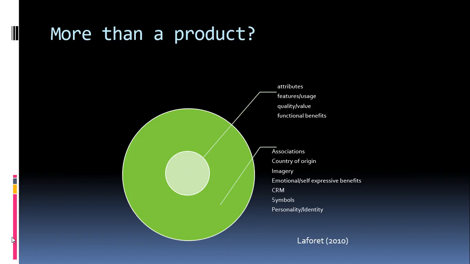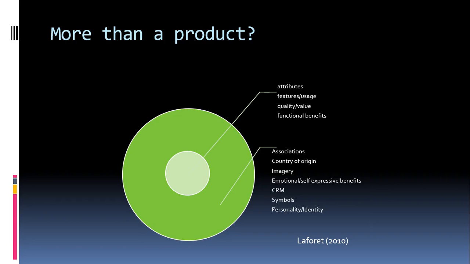Okay, so Laforet here, we talked quite a lot about brand meaning and how a brand is much more than a product to consumers. But this is Laforet's model that's looking at it from an organisational perspective.